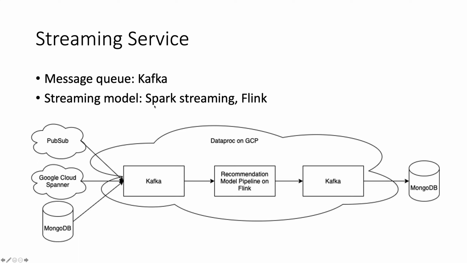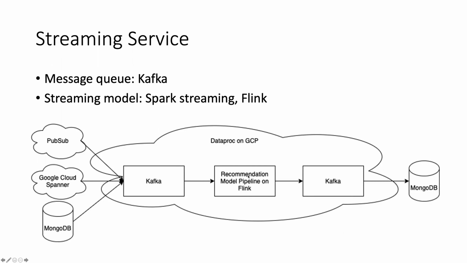Another example is Spark streaming. Those can handle data and give a very quick response, which means we can run the model in milliseconds, and then we return the results to the database or to the API, so that we can give the recommendation. So for this new product, on Flink, we can quickly calculate the similarity between it and other products.